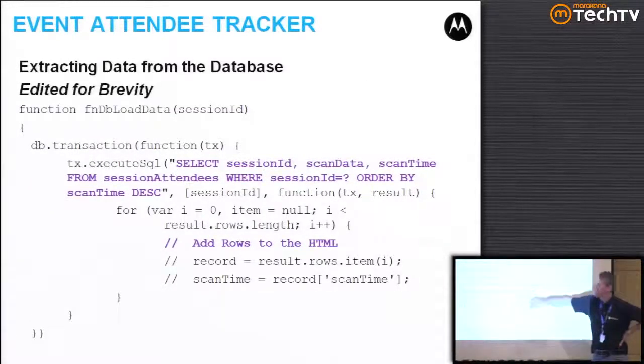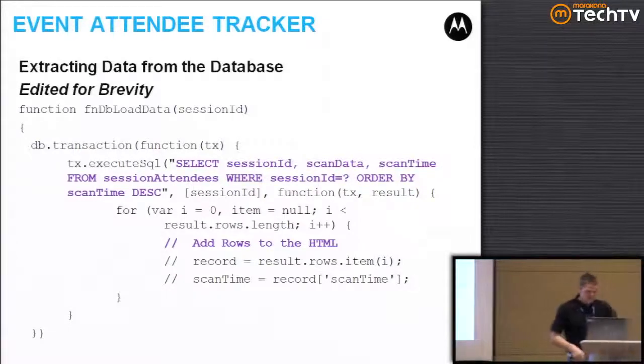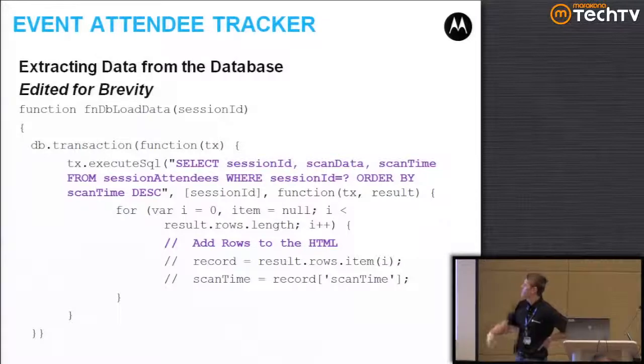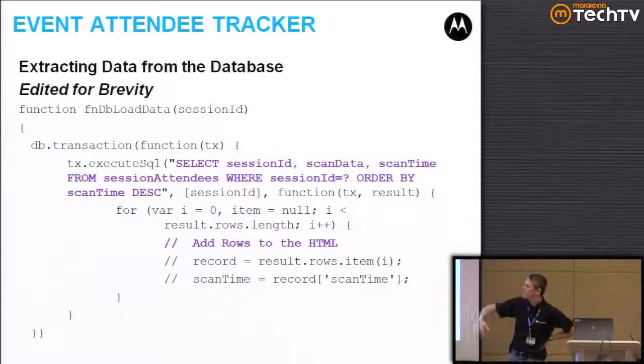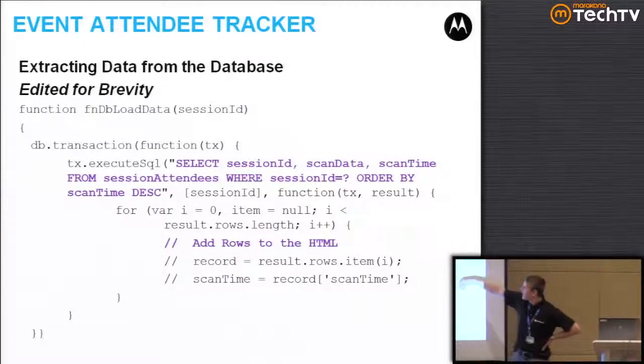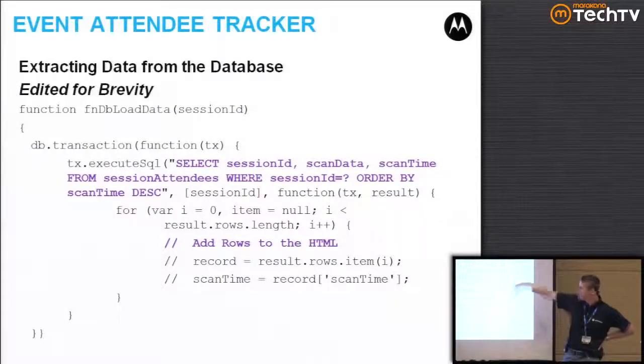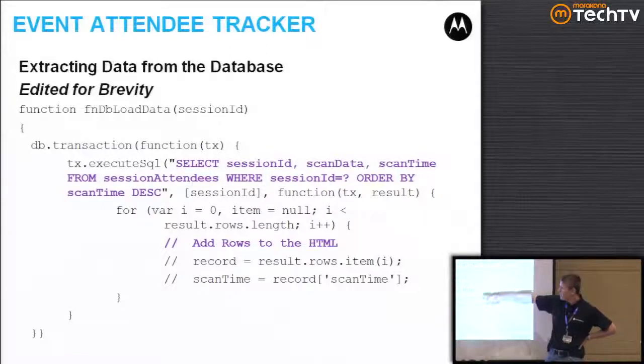And then this fn db load data will do the select out of the database. You're familiar with this if you've done any SQL. It's ordering by scan time descending, which put the most recent one at the top.